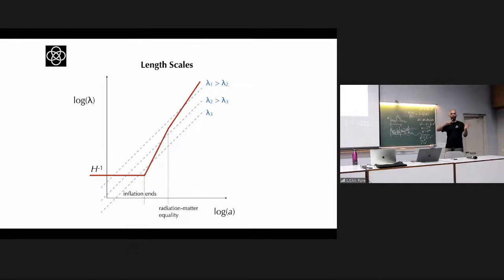But because of this first out, last in feature, the shorter wavelength modes will tend to enter during radiation domination, and the longer wavelength modes will tend to enter during matter domination. So there will be some different physics that is happening when these modes enter the Hubble radius again, right? Because when these modes enter, the equations will say, okay, gravitate, now you're allowed.